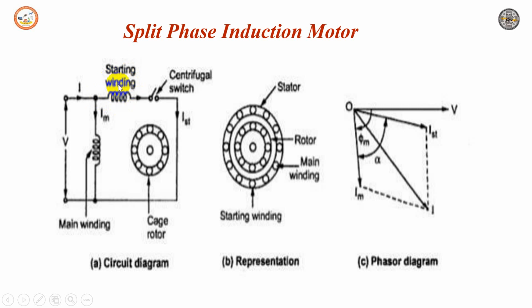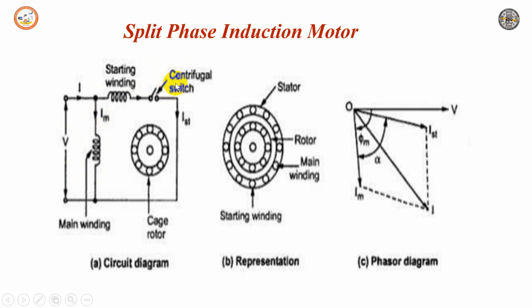The main winding is inductive, and the auxiliary winding is highly resistive. When you draw current from the supply, it resolves into IM, the current going through the main winding, and a current flowing here. We have also provided a centrifugal switch here.